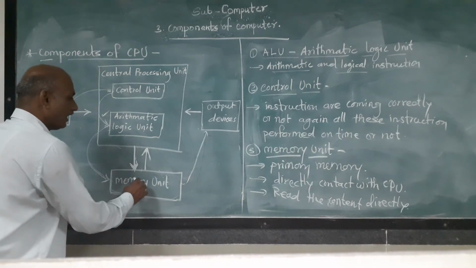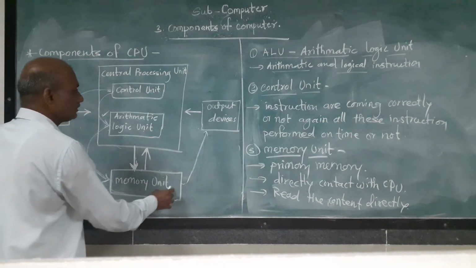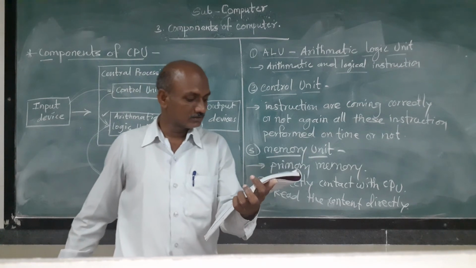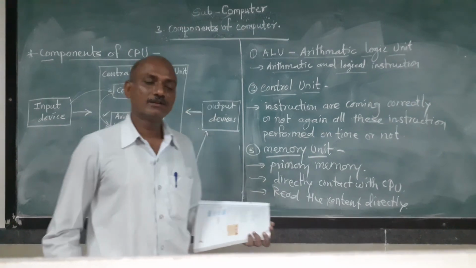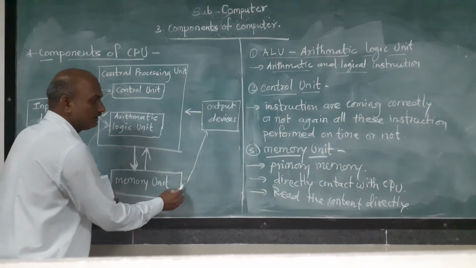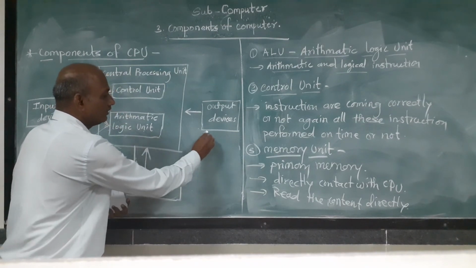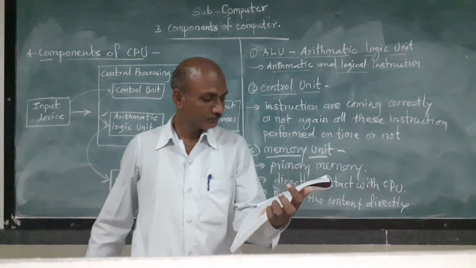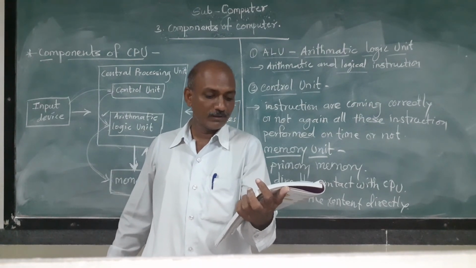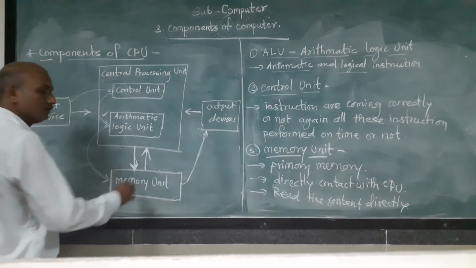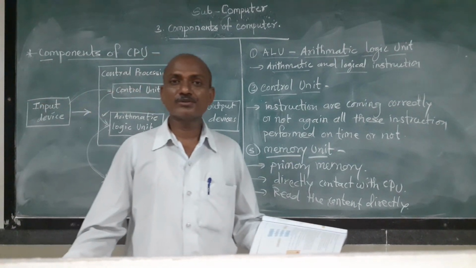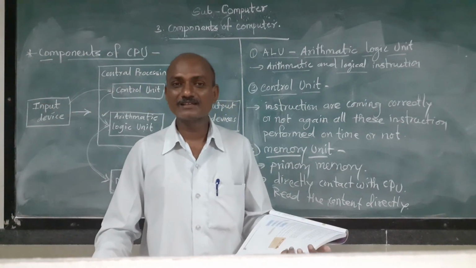Again, it holds the data and that result is sent to the output devices. It holds the final result and releases it to the output devices. Means the held data is released or sent to the output devices. It holds the system software and application software in use. Which are the system software? Windows, Linux.